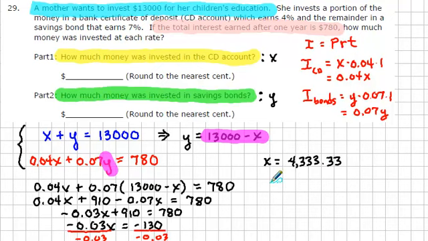In order to determine y, we take this value of x and substitute it in the equation y is equal to 13,000 minus x.